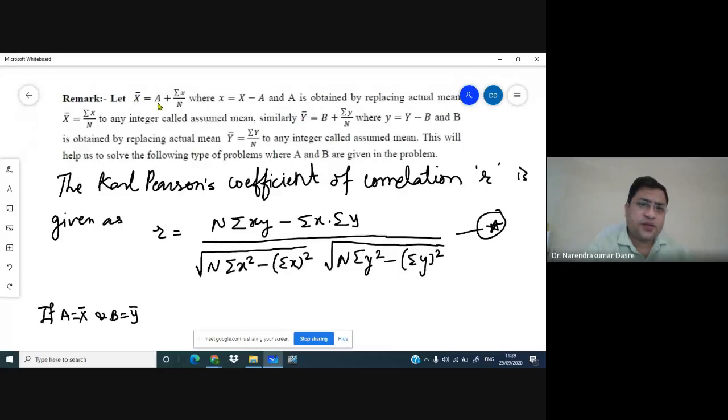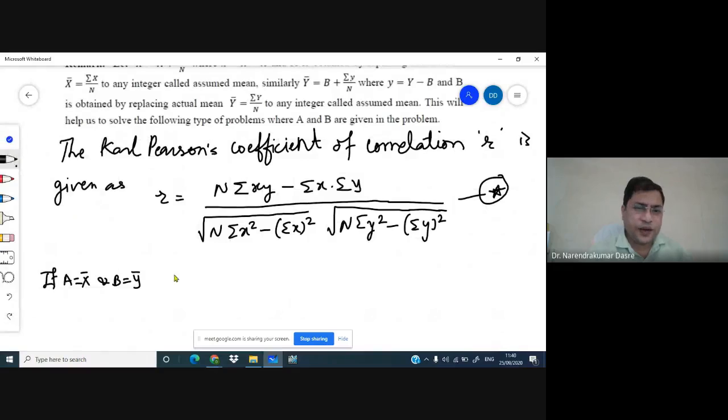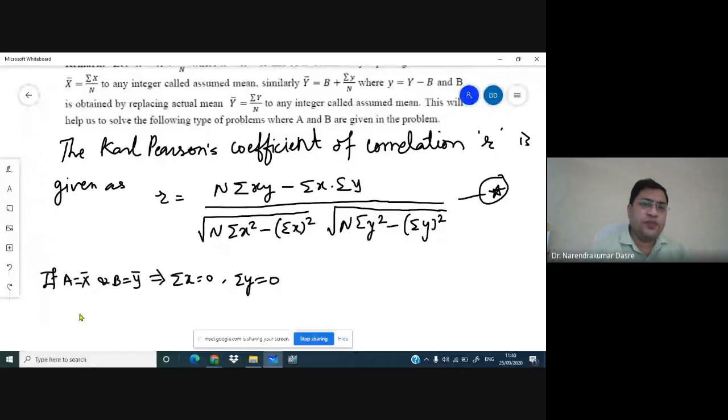X bar is equal to A, and Y bar is equal to B. So these terms will cancel each other, and then you will have summation x is equal to 0 and summation y is equal to 0. That means this term turns out to be 0, this is going to be 0, this is going to be 0. So what will remain in this formula?